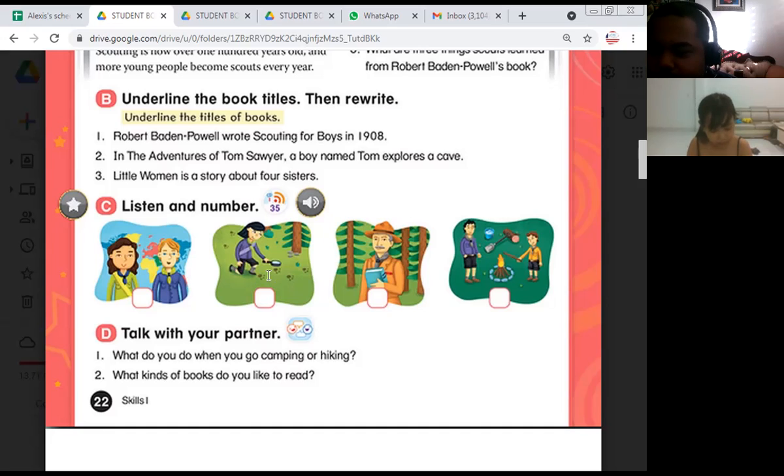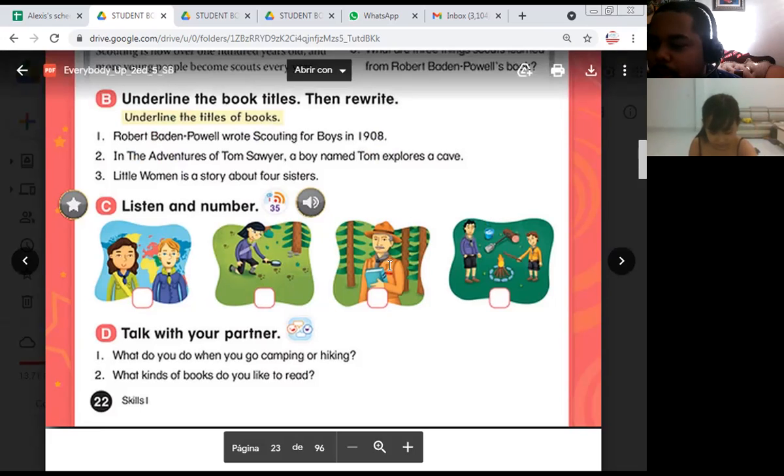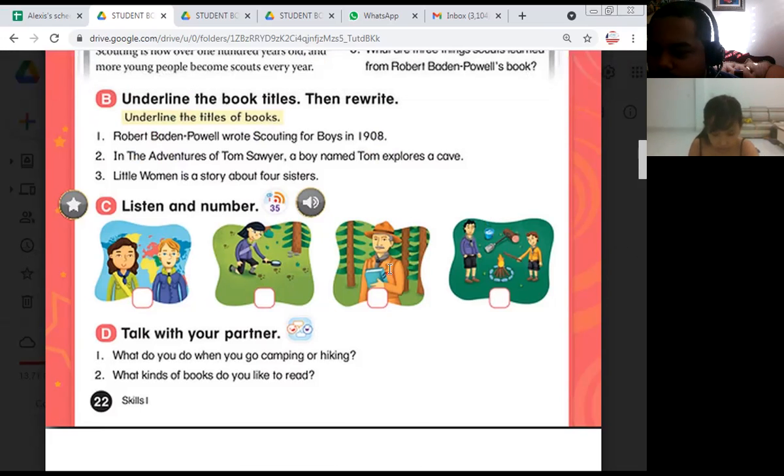And what about number two? What is she doing? She finds animal tracks. Yeah, she is finding or trying to find animal tracks. That's right. And what about number three? Number three is he wrote a book, read a book.